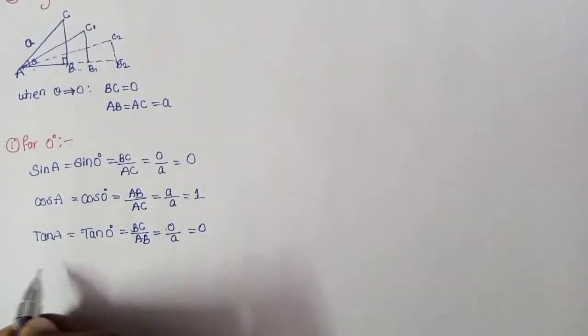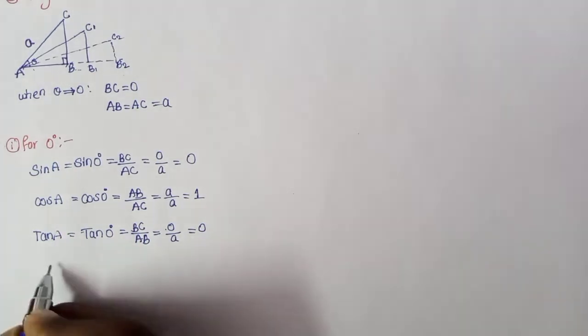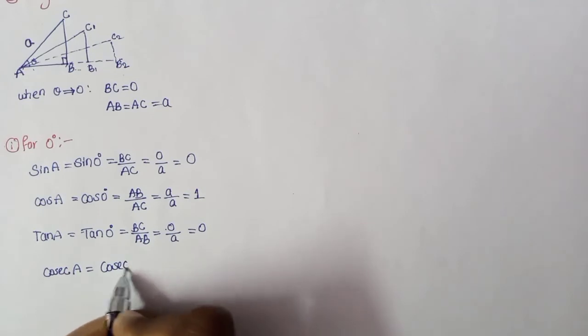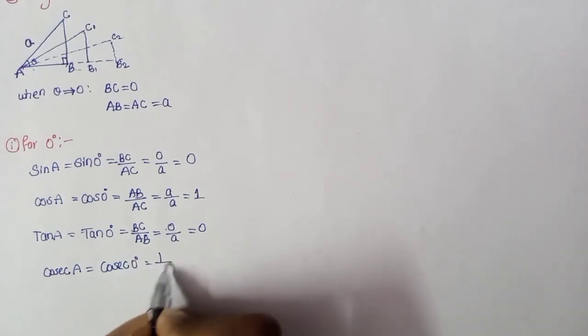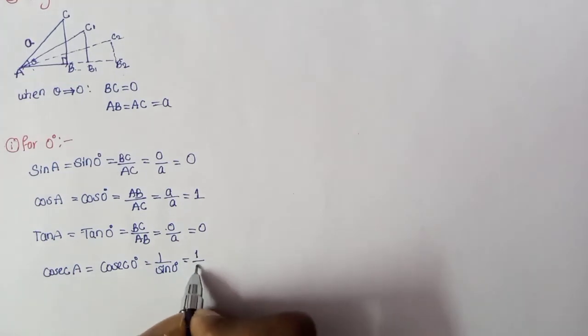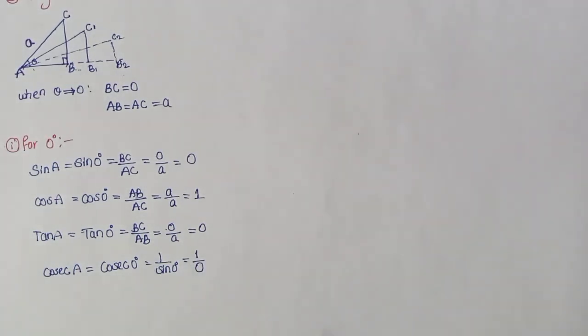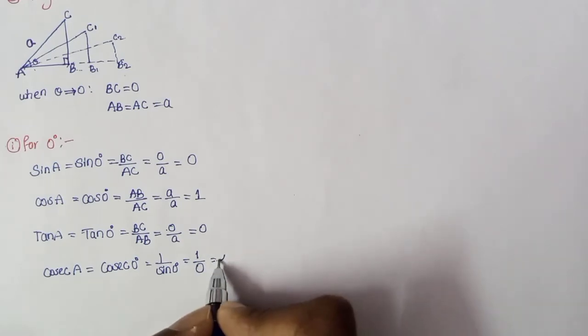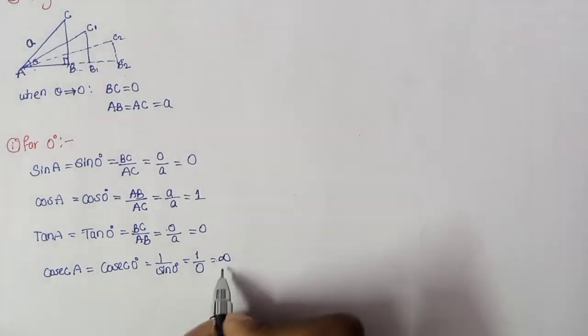Next three are very easy as they are reverse of these. The next thing is cosec. Cosec 0 is equal to 1 by sin 0, which is equal to 1 by 0. Remember, something divided by 0 is undefined, that is infinity.